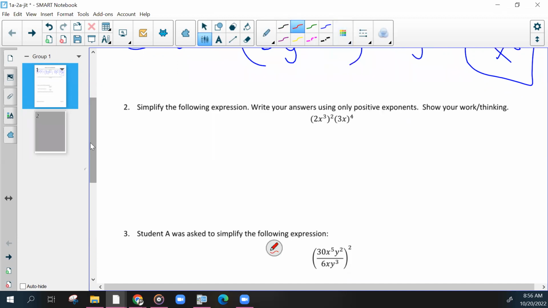All right, for number 2, we have to apply the exponents to everything. So this is going to be 2 squared, x to the, we're multiplying 6, 3 to the 4th, x to the 4th.